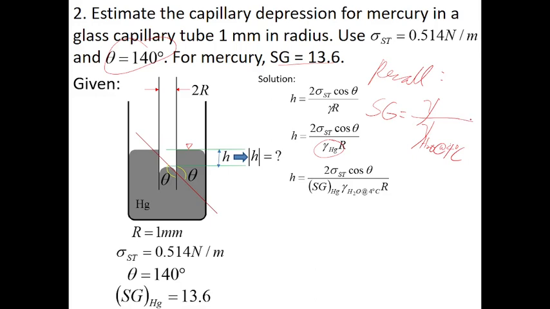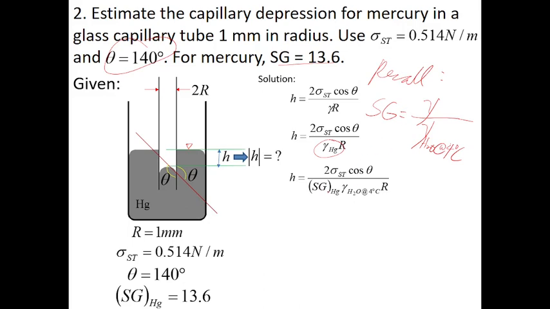So unit weight over unit weight of water at 4 degrees Celsius. That is how we get the specific gravity of a substance.